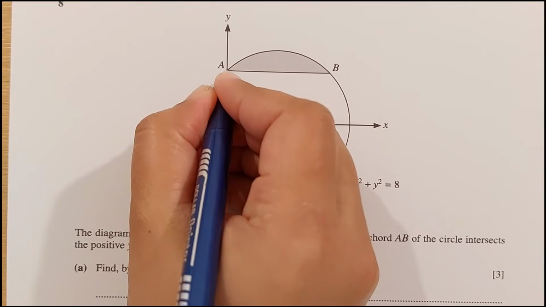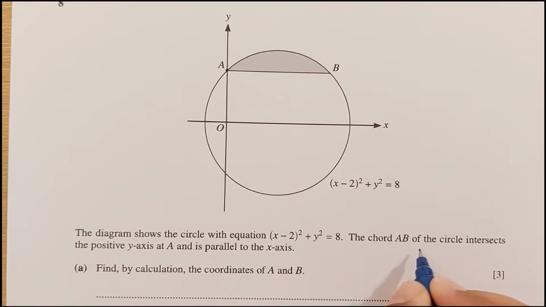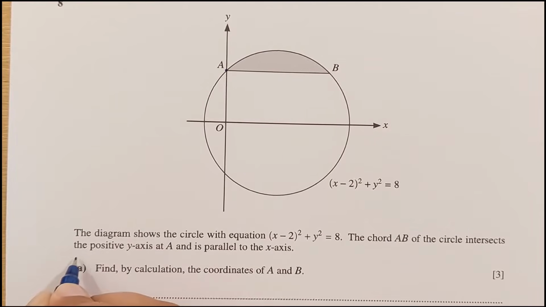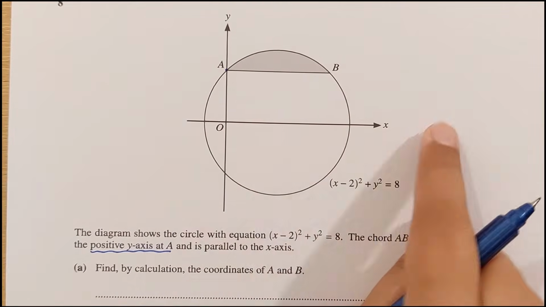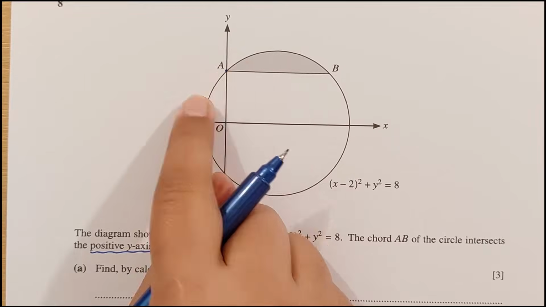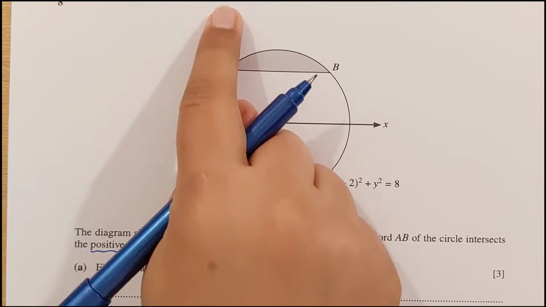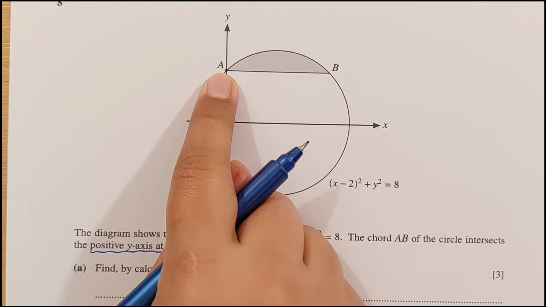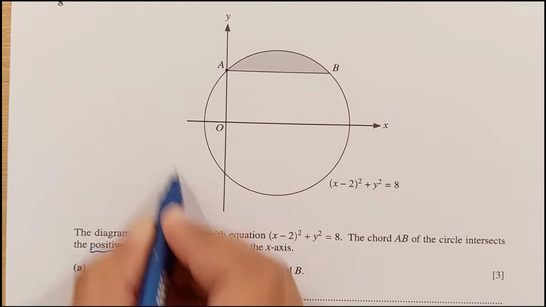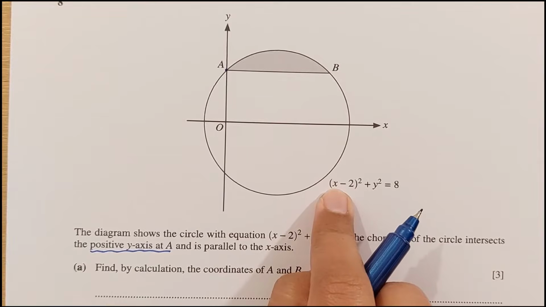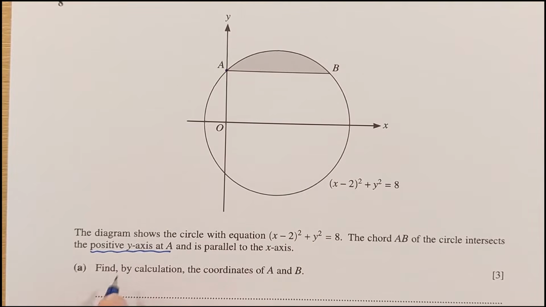So for the coordinates of A, as we are given that the chord intersects the positive y-axis at point A and is parallel to the x-axis, it means this chord intersects the y-axis, so the x coordinate is equal to 0. So just substitute x equals 0, and we will get the y coordinate, right?